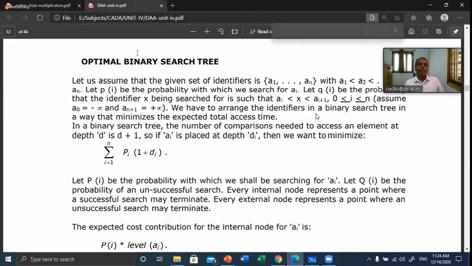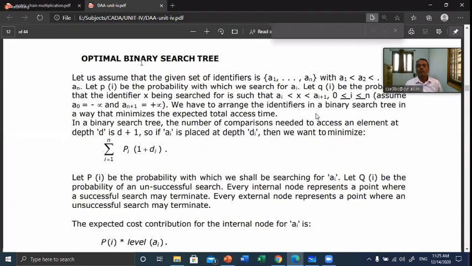Okay. Now here, see the problem is, let us take I'm taking one binary search tree like this. Here then we have A1 and AN.